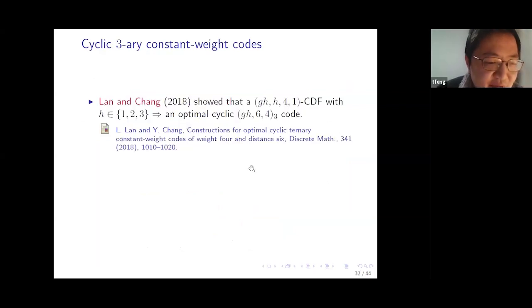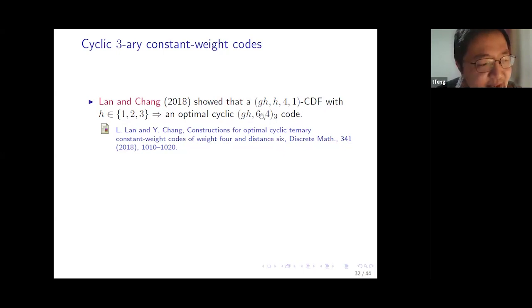Actually, difference families can also produce maybe 3-ary codes, not only 2-ary codes. Lan Tao and Chang, Lan Tao was the PhD student of Chang, in his PhD paper showed that a (GH, H, 4, 1) cyclic difference family, here H is 1, 2, 3, gives a cyclic code.